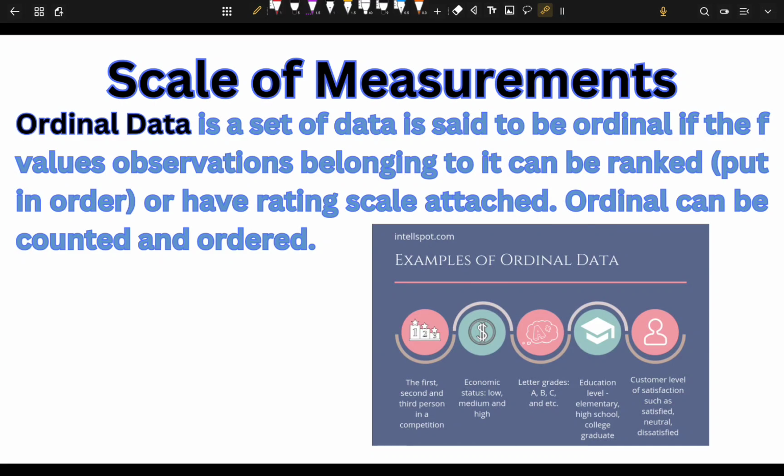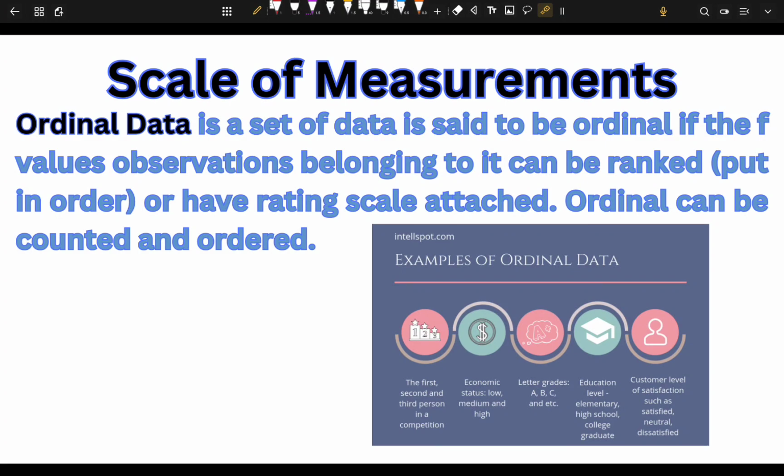Ibig sabihin, yung ating mga data is we're able to rank yung kanilang mga data. And under that, nabibilang natin sila. Halimbawa, kung ilan yung bilang ng mga dissatisfied customer, ilan yung satisfied, ilan yung neutral lang. Ganun po, pagdating sa ordinal data.